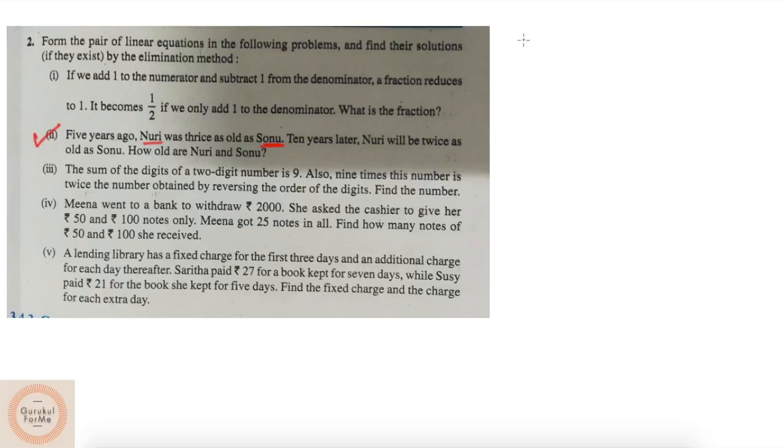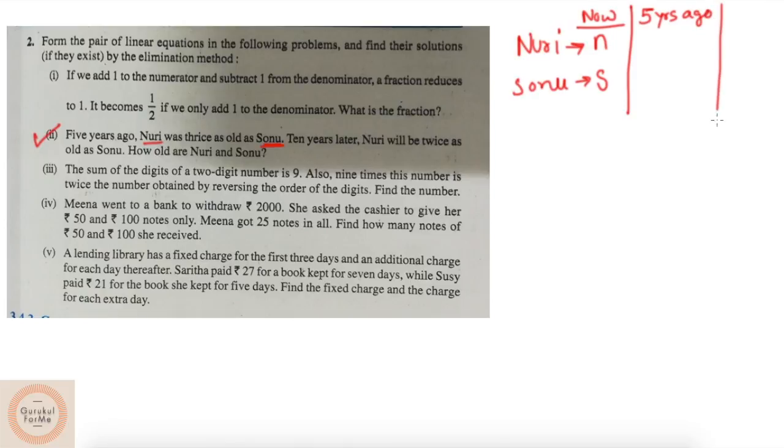Okay, let's look at first Noori. If Noori's current age now is N and Sonu's current age is S. You can have X and Y, P and Q, it's your choice. What are they saying? 5 years ago.